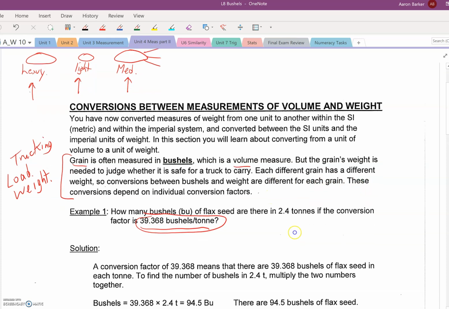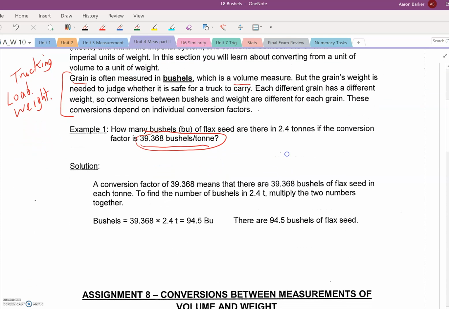So let's give you an example, and you can see it's not very hard. We have 2.5 tons of weight, and we have 39.368 bushels per ton. We want to know basically what the weight is, to see if it's as heavy as the truck can handle. So all we do is multiply them.